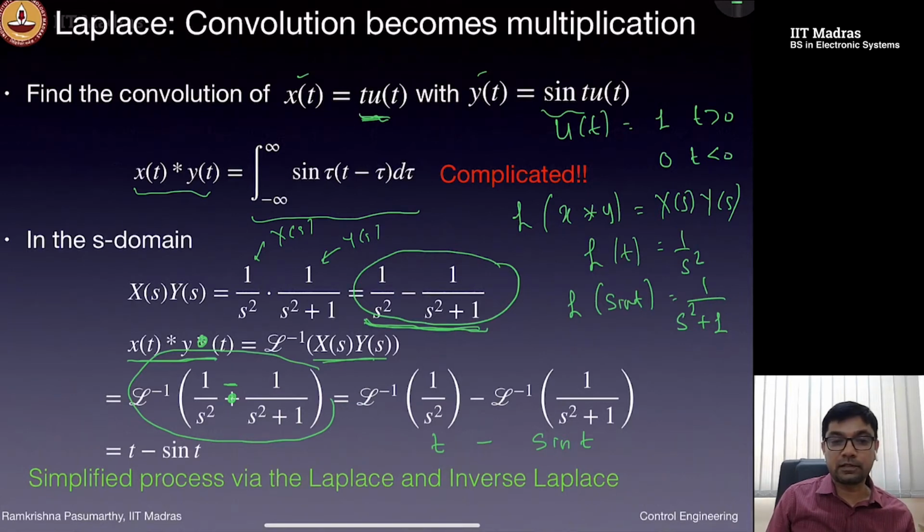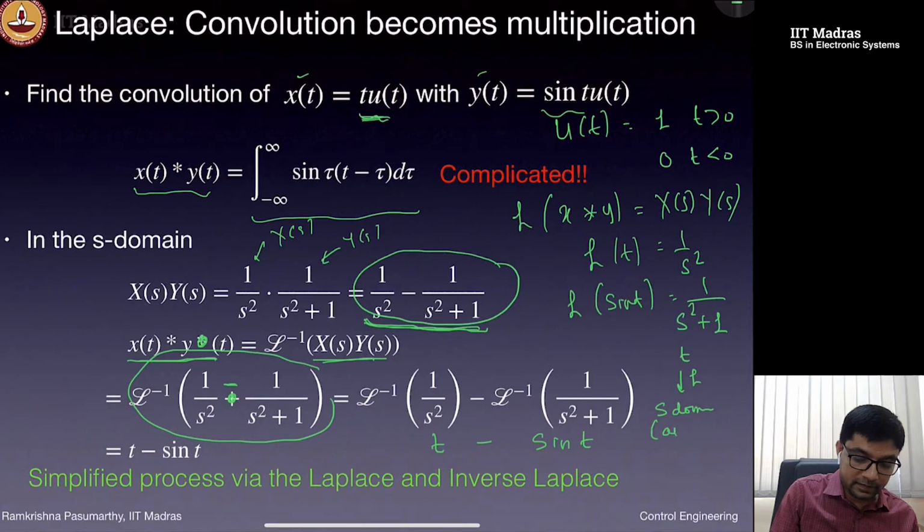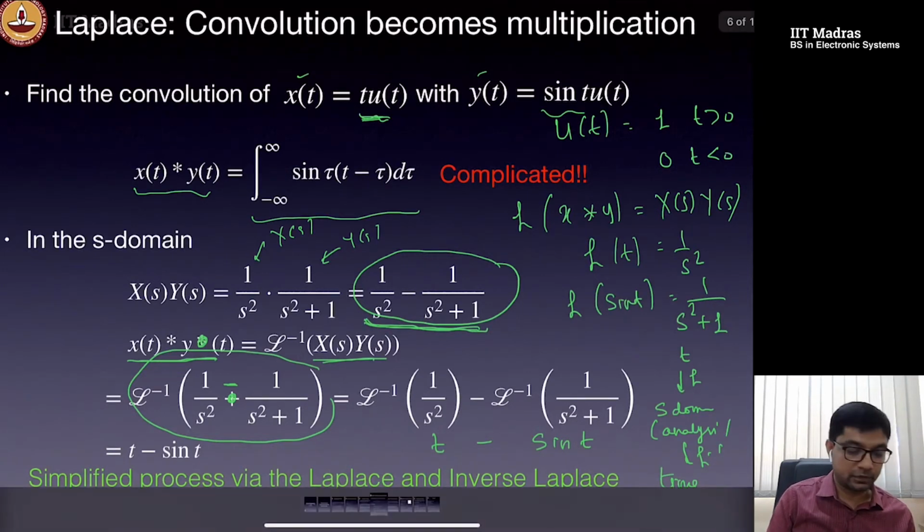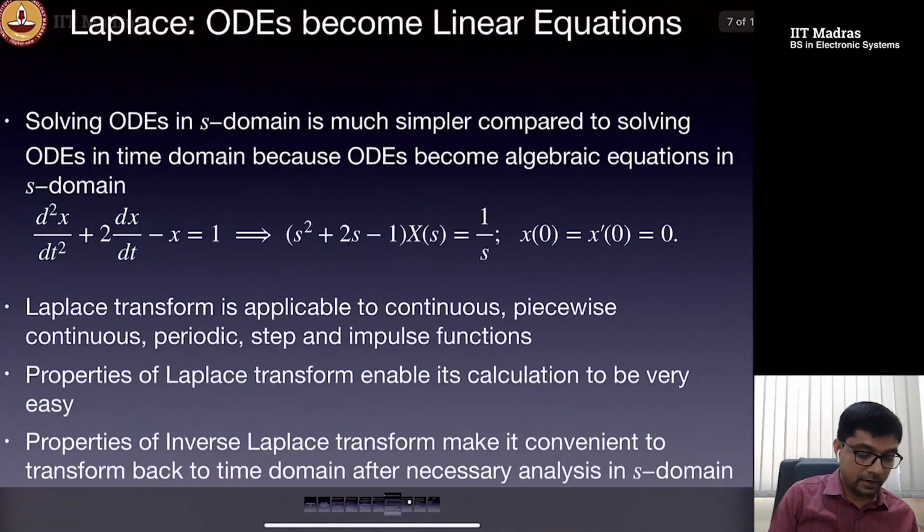A simplified process via the Laplace and the inverse Laplace transform. So start with the time domain, go to the S domain, do my analysis here, simplify the problem, do the inverse Laplace, and back to the time domain. That is the recipe that we will use in this context.